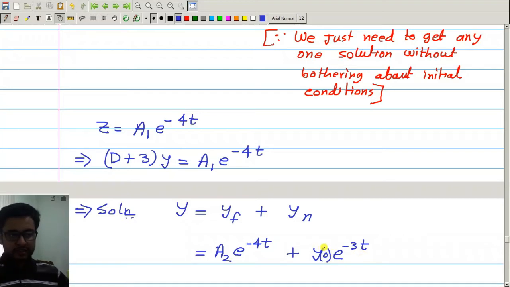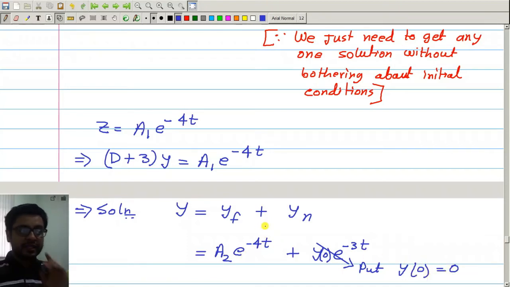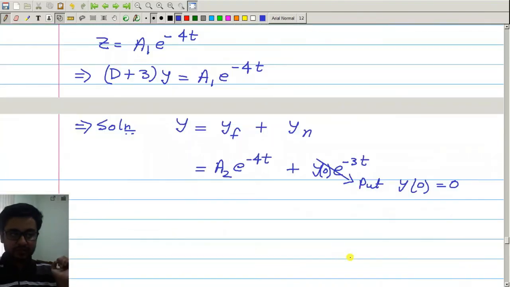Now again we can put this y0 equal to 0, because we need to get only one solution that satisfies d plus 3 of y equal to this right hand side, and we need not bother about the initial condition right now.